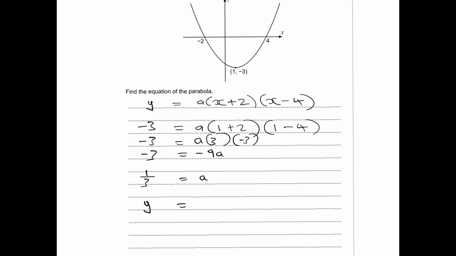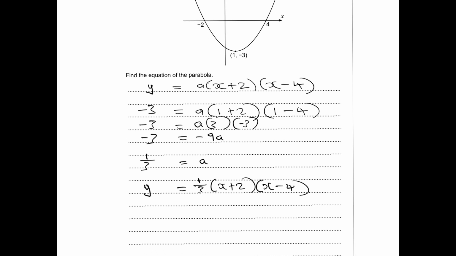We're going to have y is equal to 1 over 3 in brackets (x plus 2), and a second bracket (x minus 4). So we could expand that. All right, it doesn't matter, we can actually leave it in this form because they just asked us to give the equation of the parabola. They didn't give us the form in which we need to leave it. But we can choose, of course, to continue expanding that.